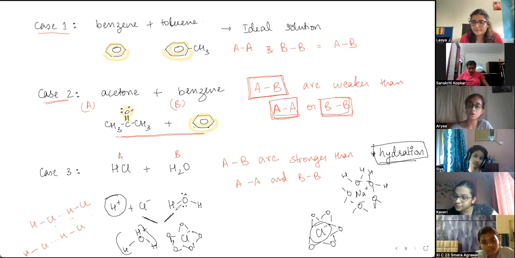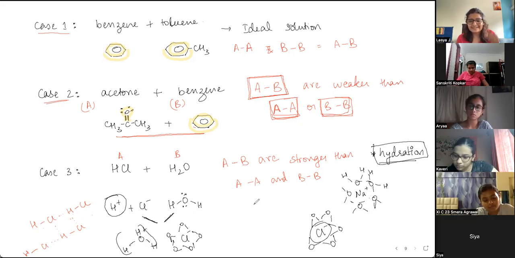But how is it stronger than the individual water interactions and HCl interactions? Because individually you don't have all these things. Why do you think it is comparable? Why do you think it is not stronger? Because the bond between similar molecules will always be stronger compared to when you mix two different ones, right?